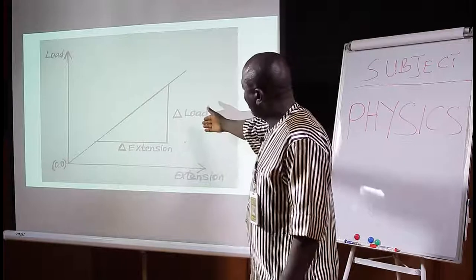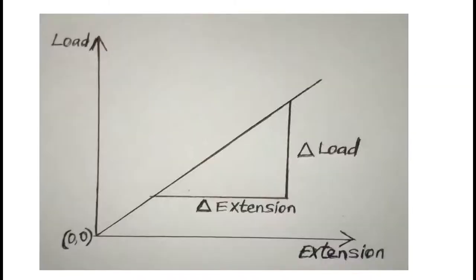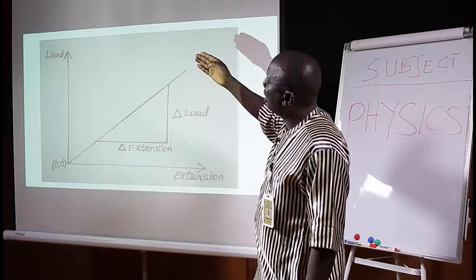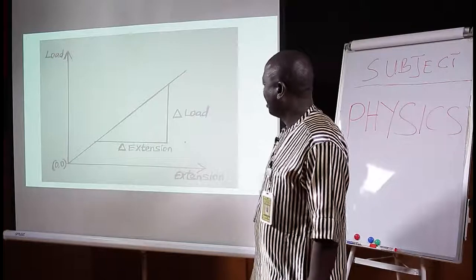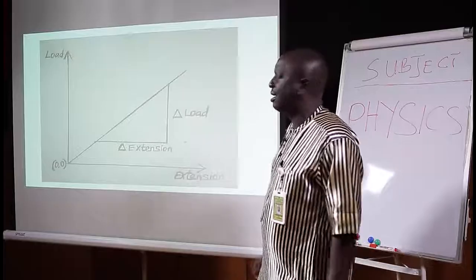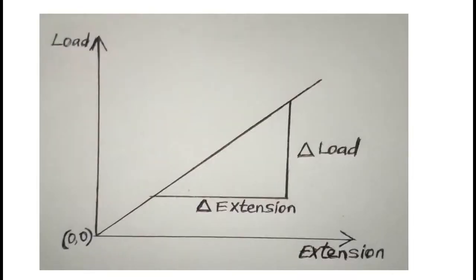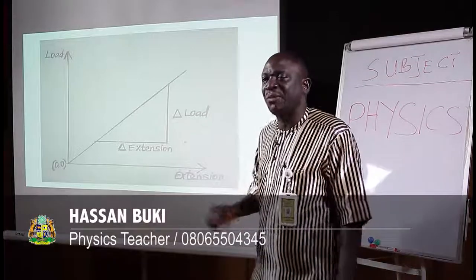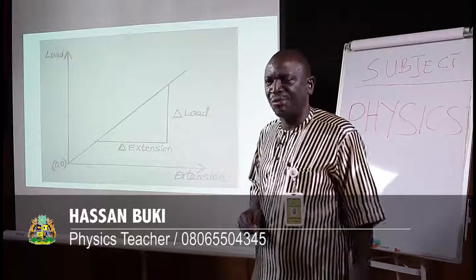So here we have the diagram, the graph showing load against extension. We have our load along the vertical axis and our extension along the horizontal axis. If we plot this graph of load against extension, it will be a straight line graph passing through the origin.